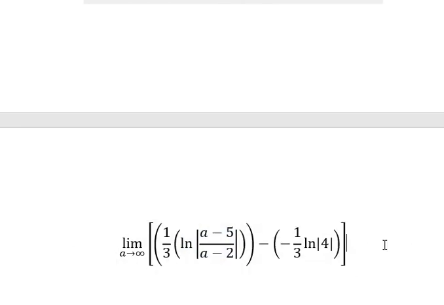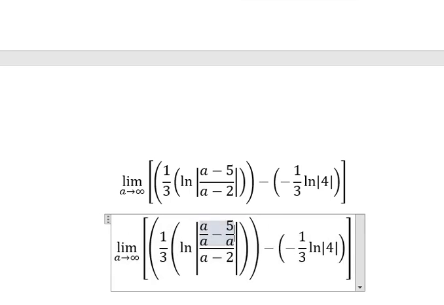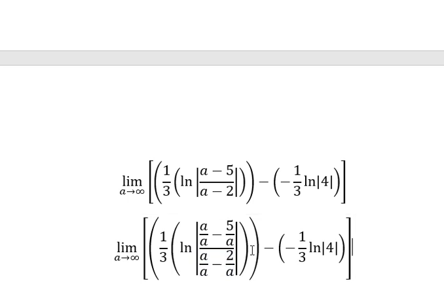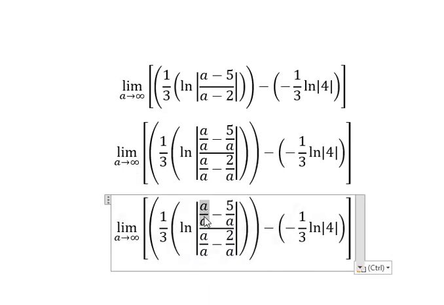Now we need to divide by a on numerator and denominator. So a divided by a, we have 1. This one we have 1. When a approaches positive infinity, so this one 5 divided by positive infinity, you got 0.